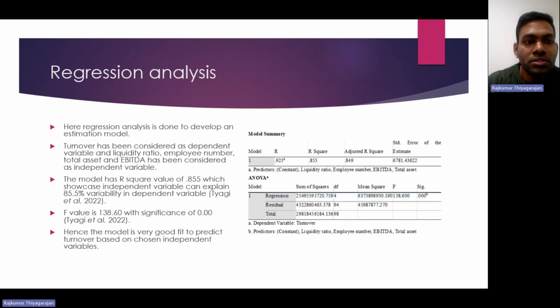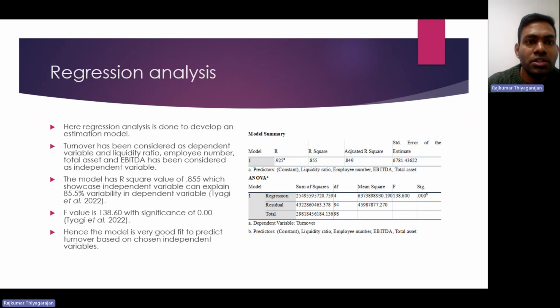The next topic is regression analysis. In regression analysis, a model was developed to estimate turnover based on liquidity ratios, employee numbers, total assets, and EBITDA. The model achieved an R-square value of 0.855, indicating that the independent variables explain 85.5% of the variations in turnover.